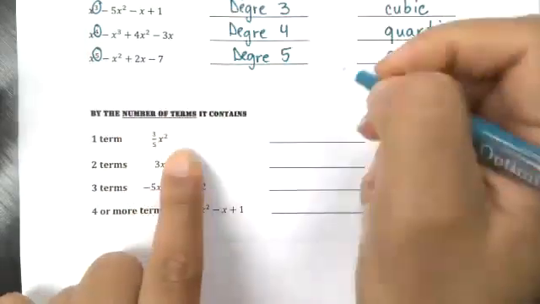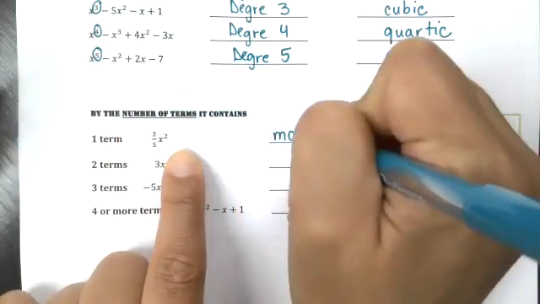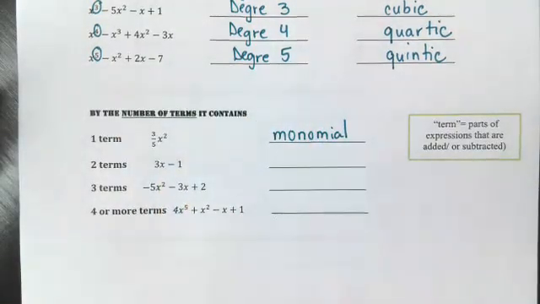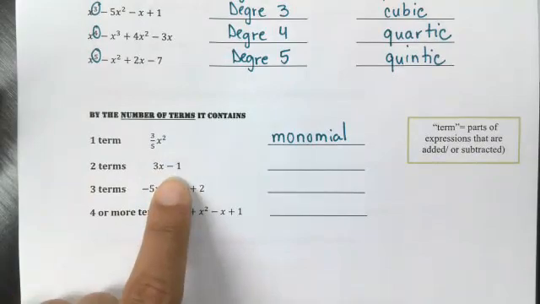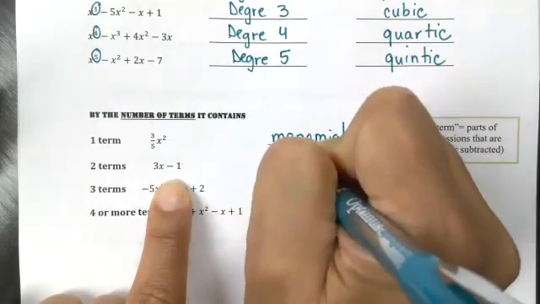That's called a monomial. The prefix mono means one. So one term. And then if we have two terms, like this linear polynomial that has two terms, we call it binomial.